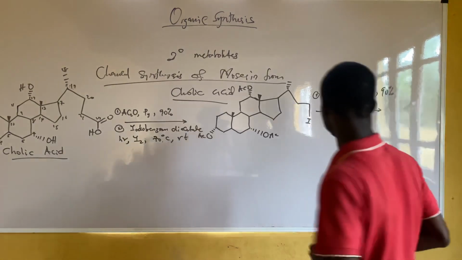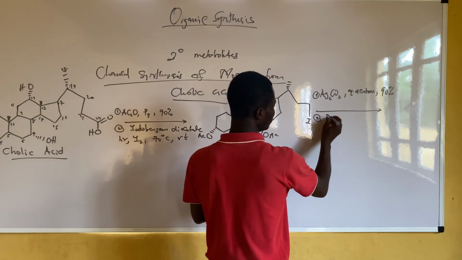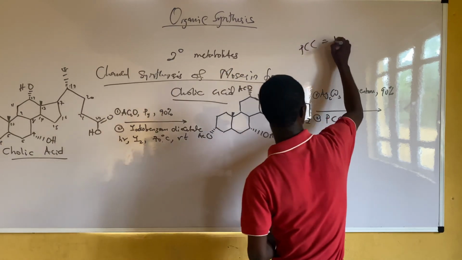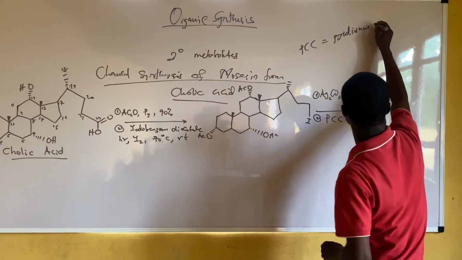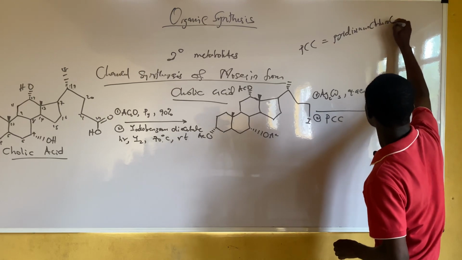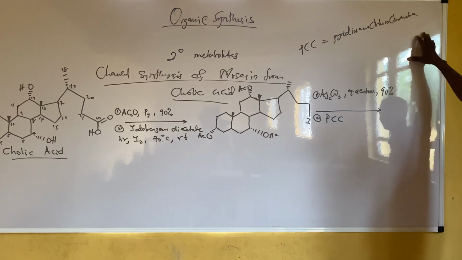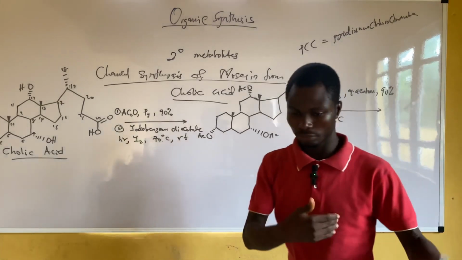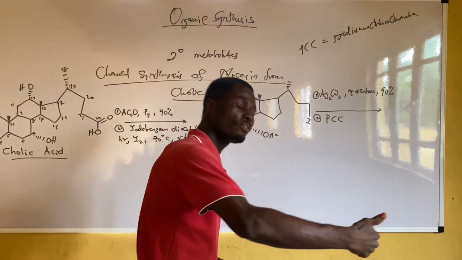Secondly, we treat it with PCC. PCC is pyridinium chlorochromate, an oxidizing agent. We have used this again and again in the oxidation of alcohols to aldehyde. It takes us one step further in oxidation.